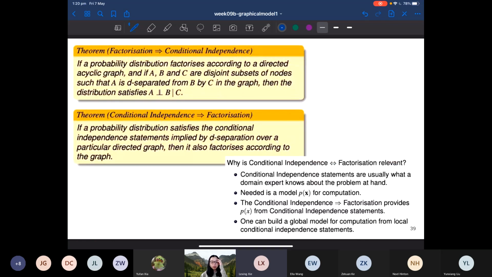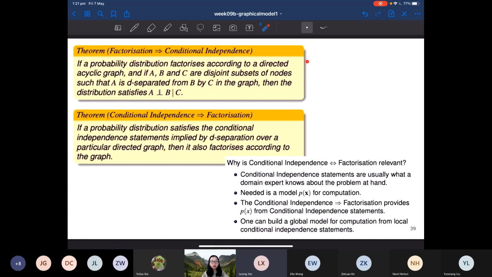In general, the results in the literature show that if a probability distribution factorizes according to a directed acyclic graph, so for a Bayes net, and for disjoint subsets of nodes A, B, and C, if A is d-separated from B by C, then the distribution satisfies these properties.